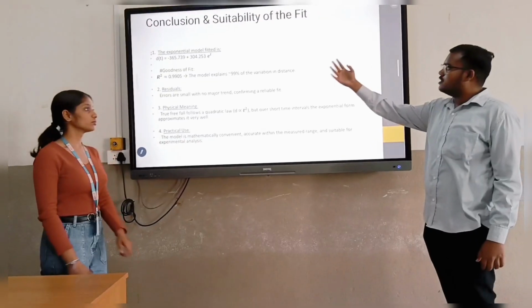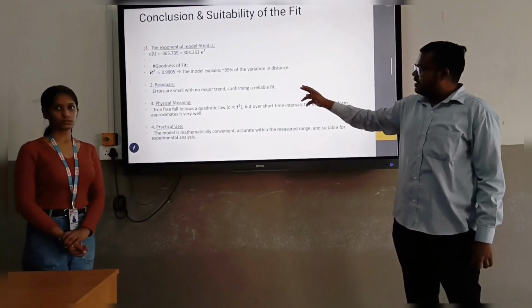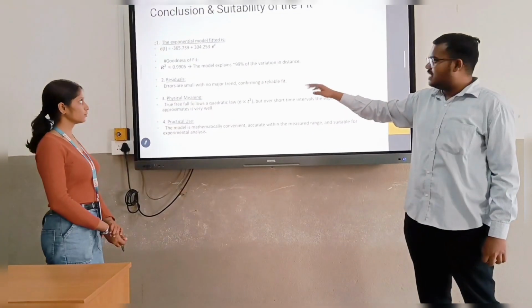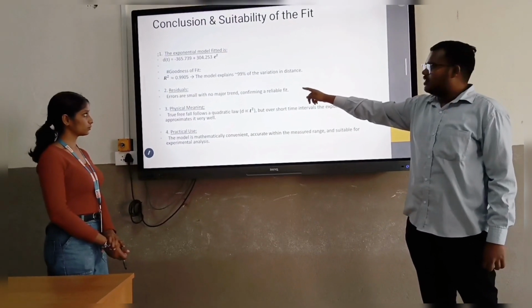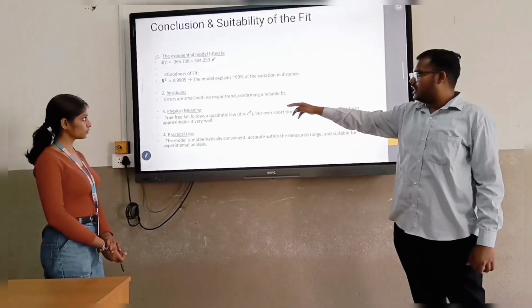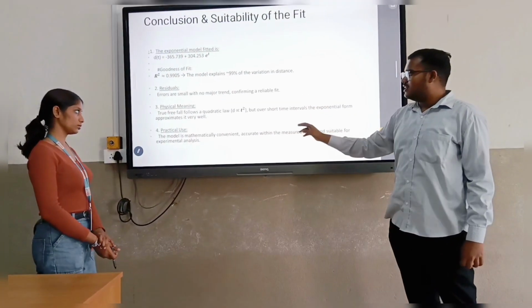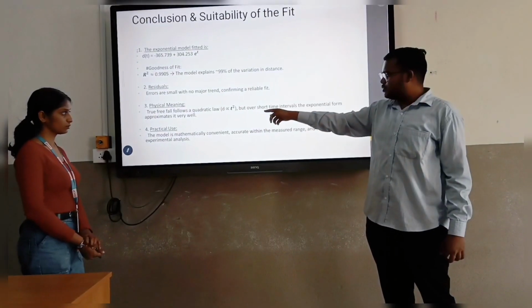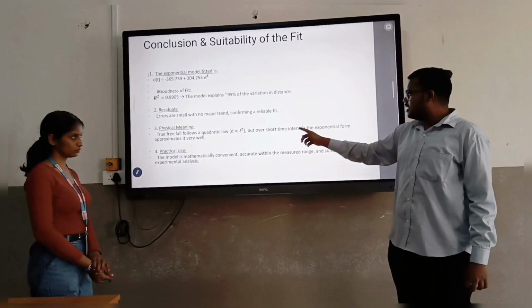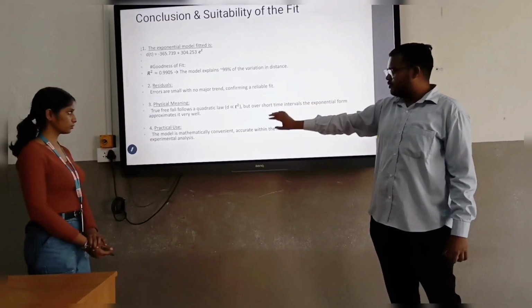Okay, so our conclusion on the suitability of the fit is that our exponential model explains 99% of the variation in distance. Errors are small and there is no major trend, confirming it is a reliable fit. In physical meaning, d is directly proportional to t squared, but over a short interval the exponential form approximates it very well.